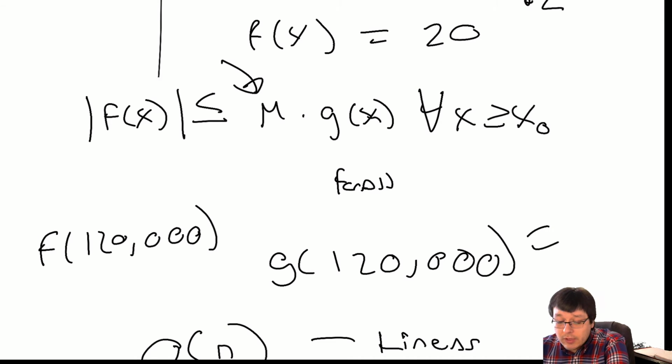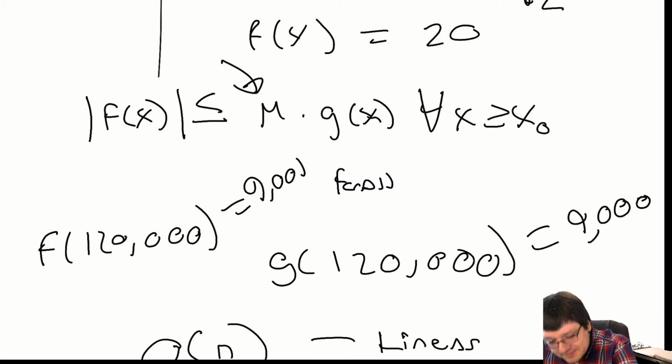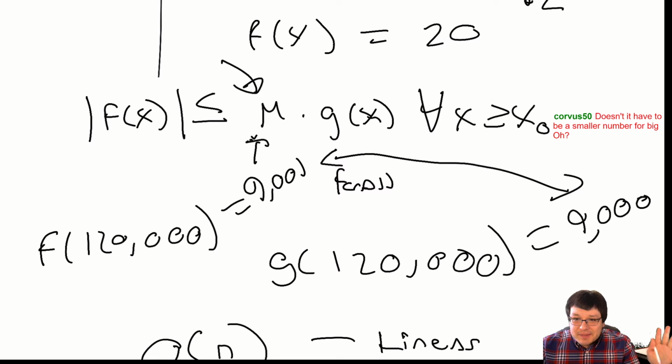If this is equal to like, I don't know, 9,000, then f of that has to be over 9,000, okay? How big the difference is between this is going to be some multiple of something. And that multiple of something is going to be your m. That's it. Does that make sense?